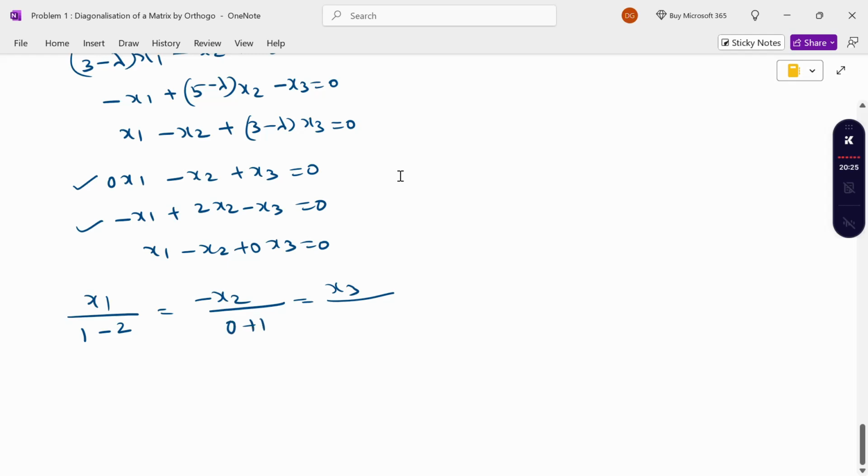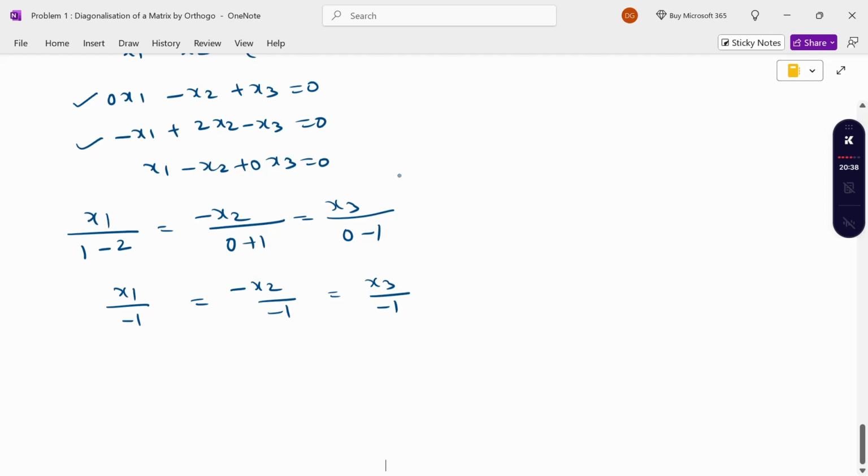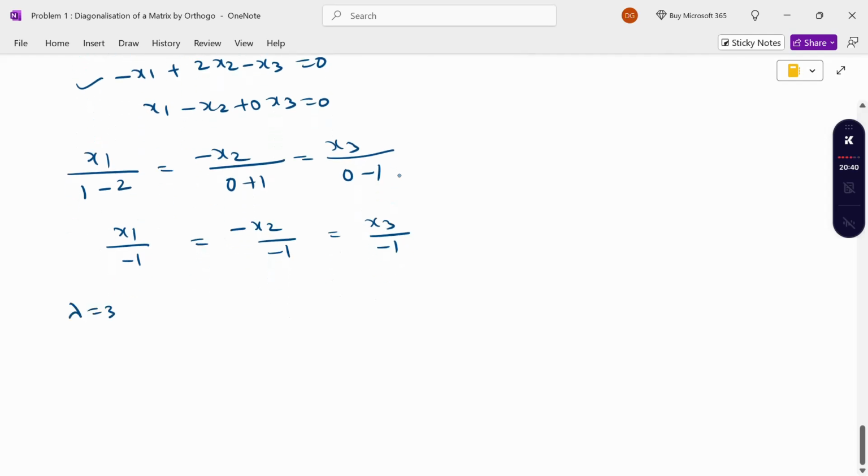Then x3 when I selected 0 minus 1. Therefore x1 by minus 1, x2 by minus 1, x3 by minus 1. Now when lambda 3, to cancel this, x2 equal to minus 1, 1 minus 1.